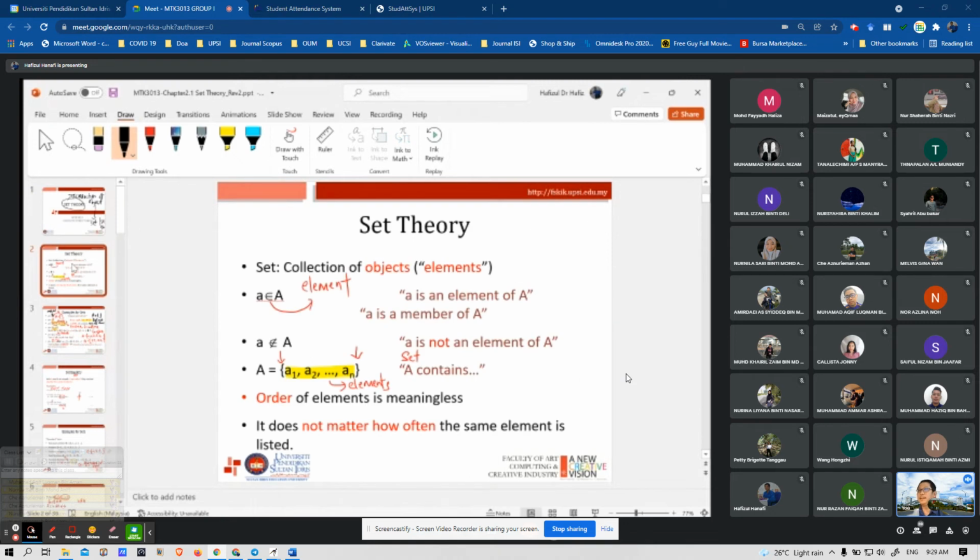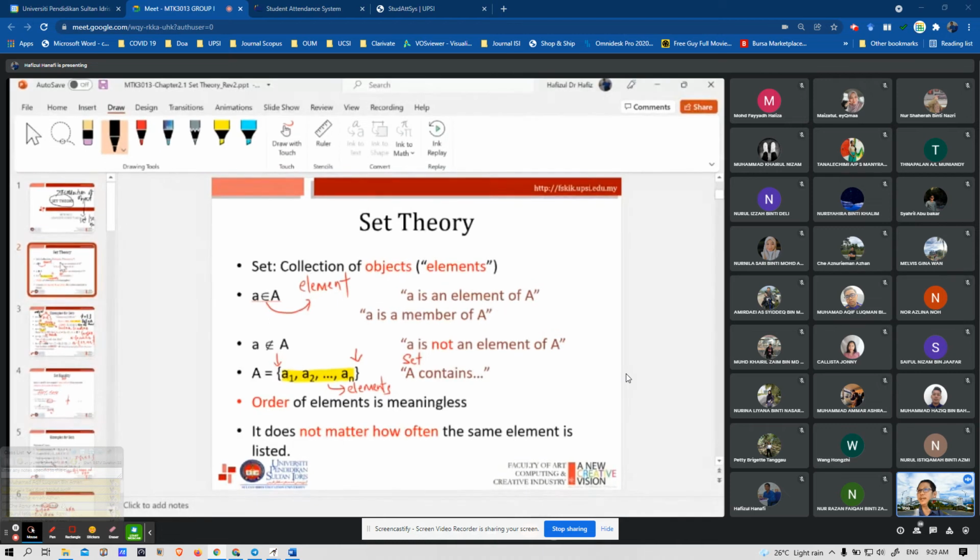And this is just the definition. A set is a collection of objects that contain some elements. An element can be any kind of element. You can have objects like cars, numbers and so on.